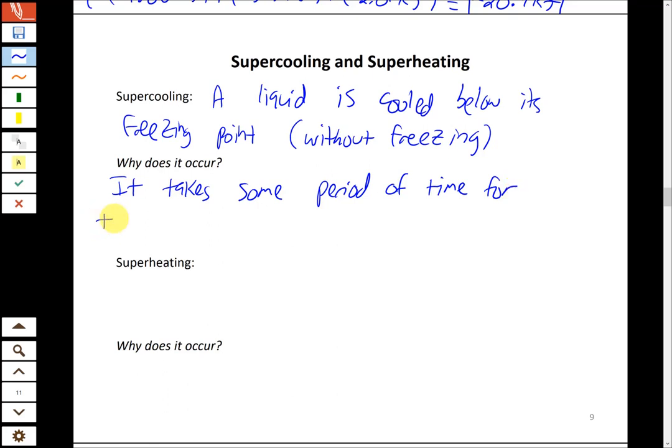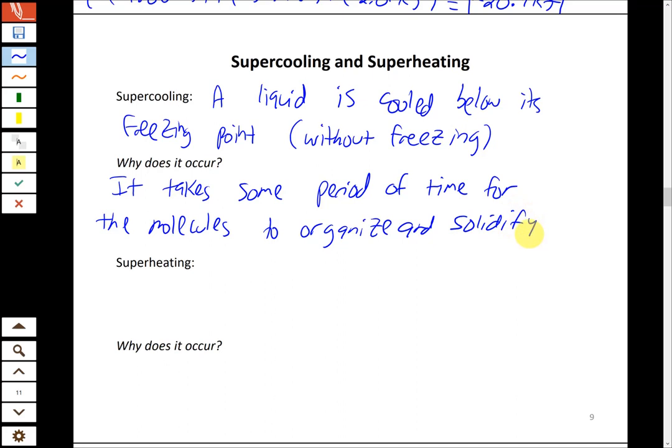The branch of chemistry that deals with how long processes take is called kinetics. So when you get to the freezing point, it should get to a solid at some point, but it doesn't necessarily happen instantaneously. There's some period of time that it might take for that to happen.